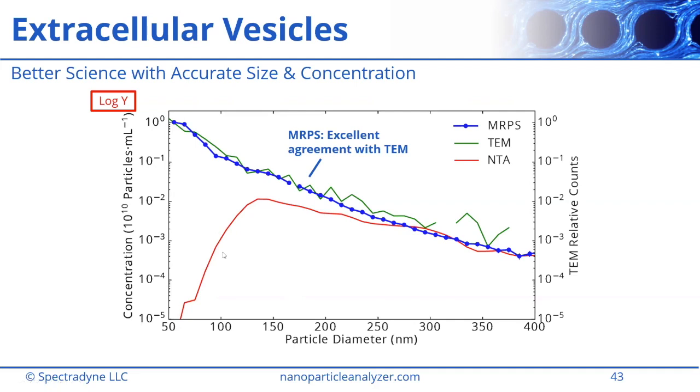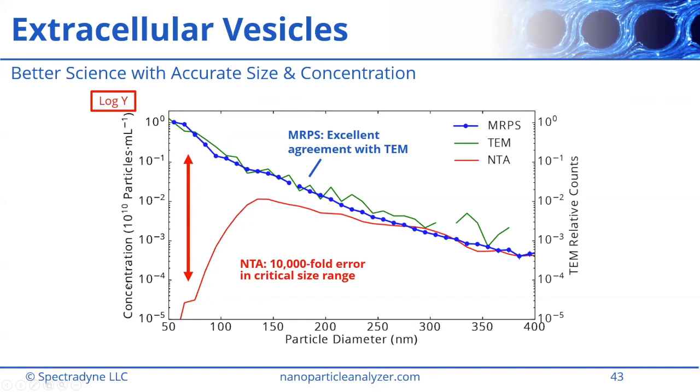Unfortunately, in this sample, what that means is that NTA is off by 10,000-fold in concentration in this size range here. Remember, this is a log scale, so this is a 10,000-fold difference between the true distribution and what NTA is measuring. And this is the critical size range for extracellular vesicles, between 50 and a few hundred nanometers.